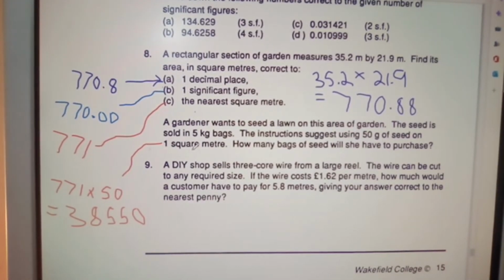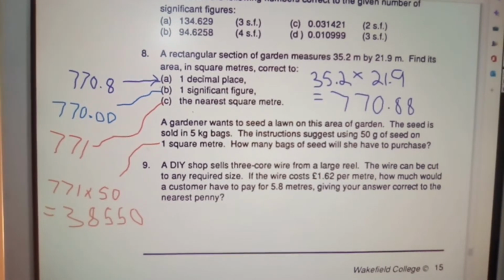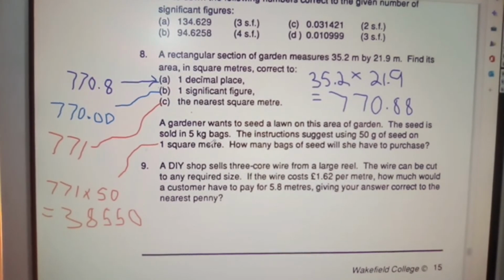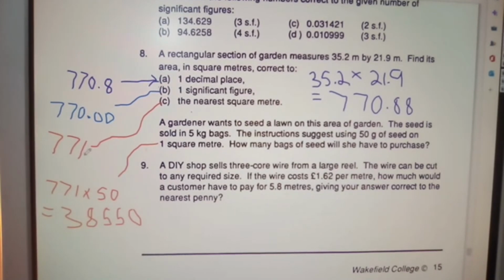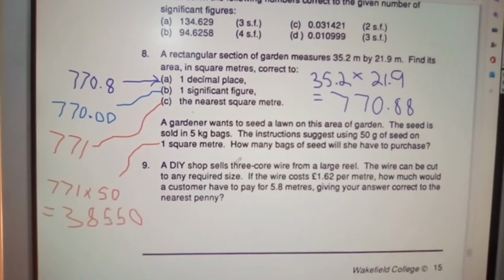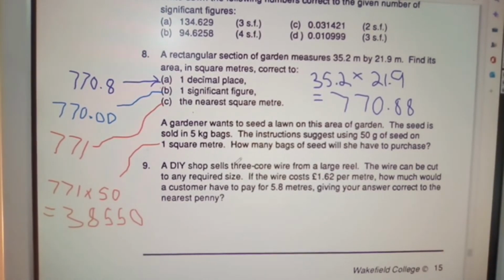So if you have 50 grams of seed for every 1 square meter, then he has 771 square meters, then he's going to need 38,550 grams.